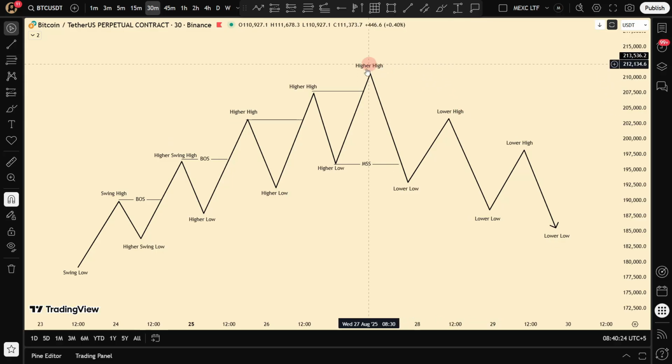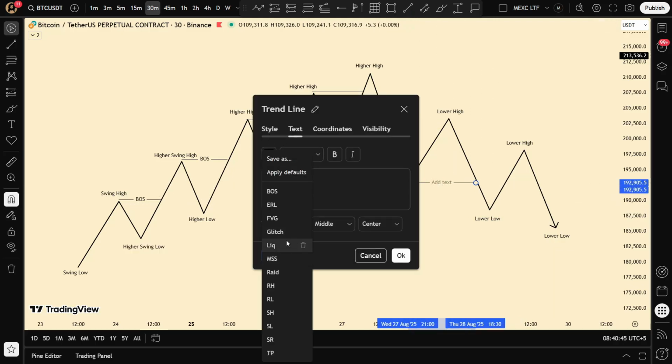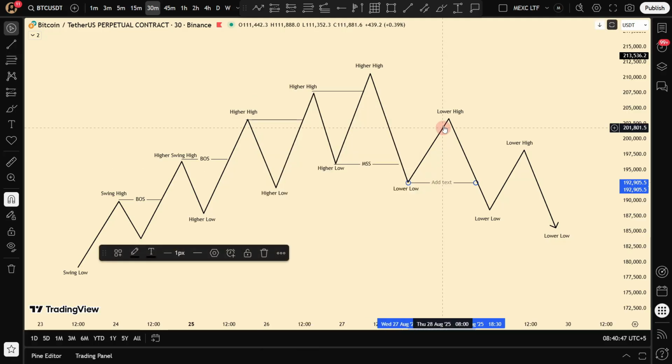This high, this previous high. This high is lower than this, right? And then what we do? We post another low, which is lower than this low. And we also break the structure. So we call it break of structure.